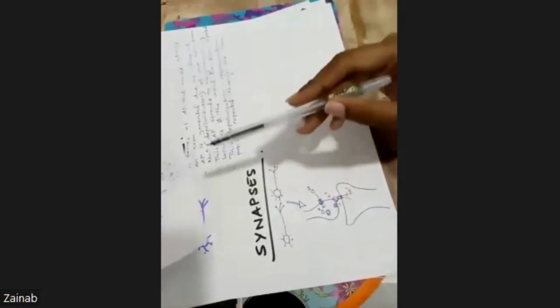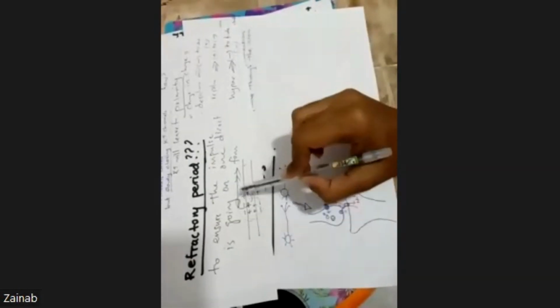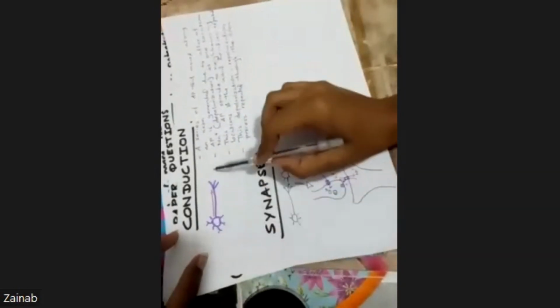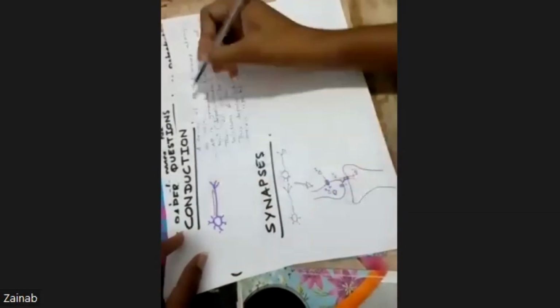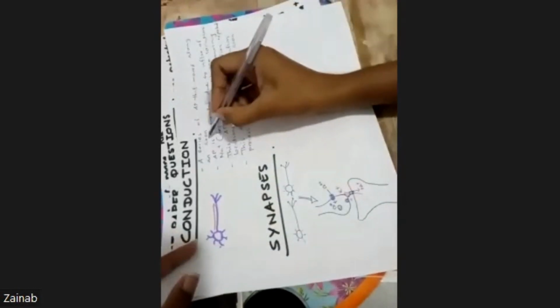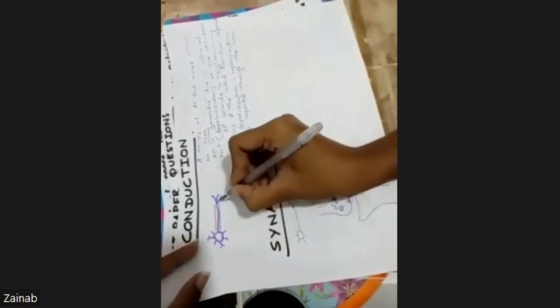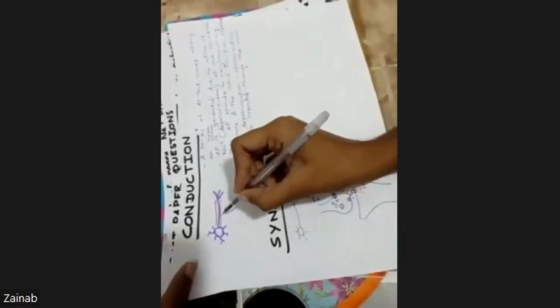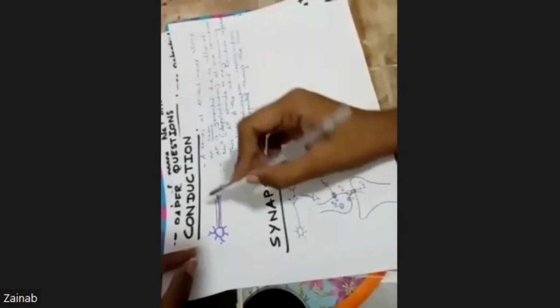Now, it cannot stay only in the same location. It needs to move forward. That is called conduction. It's a series of action potentials that move along an axon. So this is an axon in the neuron. It cannot stay in the same location. It needs to move.